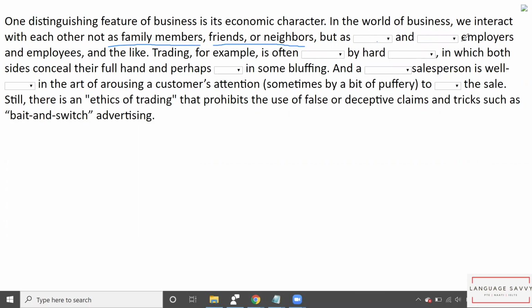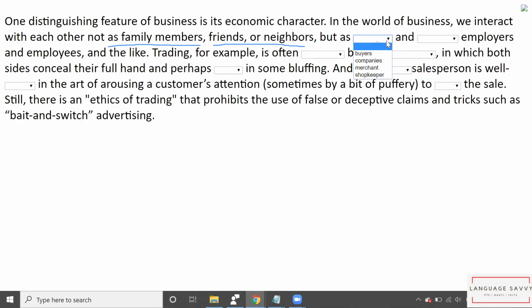Then he gives another example, that is employers and employees. So he's actually giving two examples, and it is clear that the first example has to be related to the second example. So if it's employers and employees, let's look at our options for the first and second blank: buyers, companies, merchants, and shopkeeper. Let's look for opposite words from these four: salesman, groups, saleswoman.